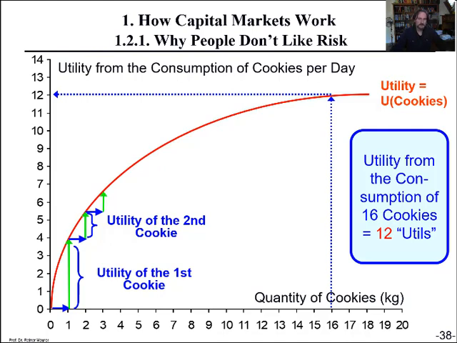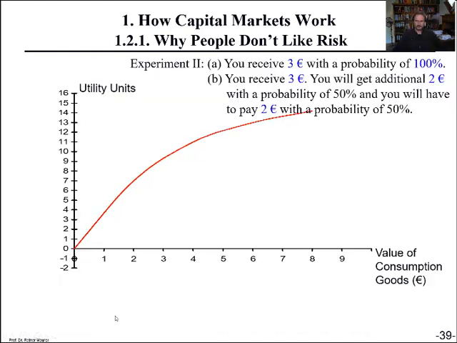This is what we call, as already mentioned, decreasing marginal utility. As we will see, it implies that people with such a utility function are risk averse.